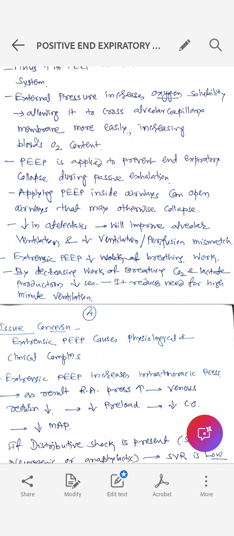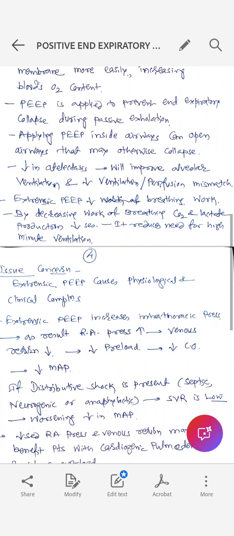PEEP is applied to prevent end-expiratory collapse during passive exhalation. Applying PEEP inside the airways can open airways that may otherwise collapse.